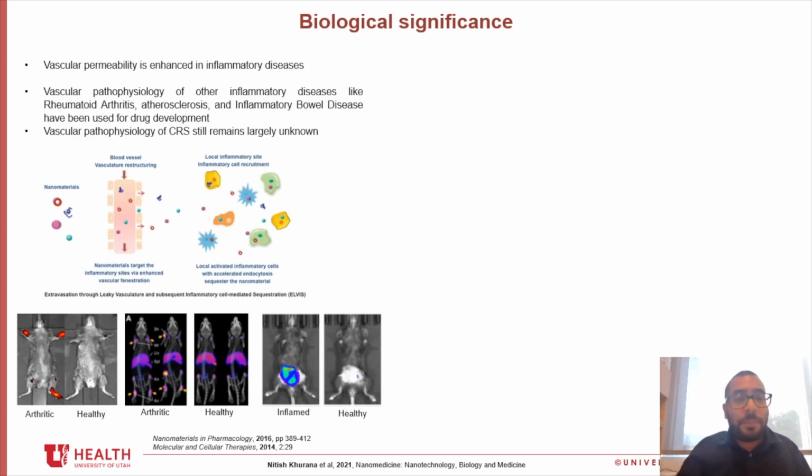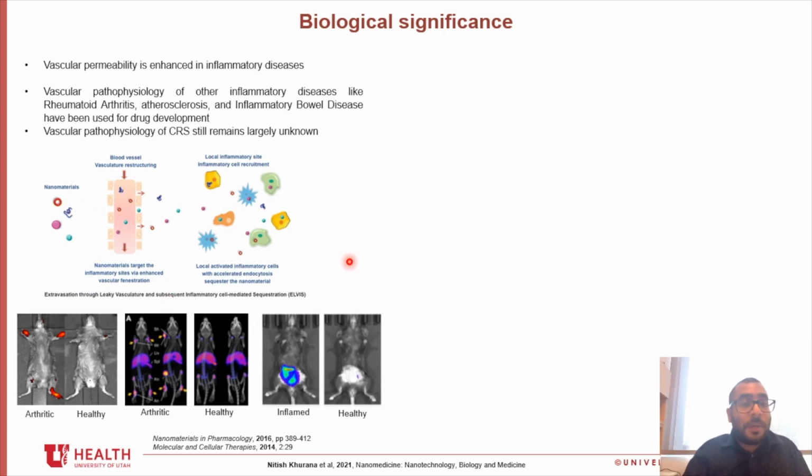So if you remember, we talked about the enhanced permeability and retention effect in the last lecture. And if you remember, it's basically the extravasation of nanoparticles from the blood vessels into the tumor tissue. Now, in inflammation, a similar phenomenon or similar mechanism of action for nanoparticles can actually be observed.